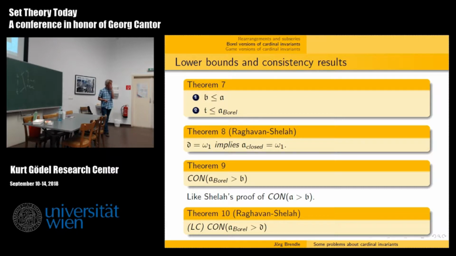You need at least one supercompact or more. Of course, this is all ccc forcing, but they work with Boolean ultrapowers of forcing notions. For doing a Boolean ultrapower, you need the supercompact cardinal. Of course, this is a better result than that one because D is above B.